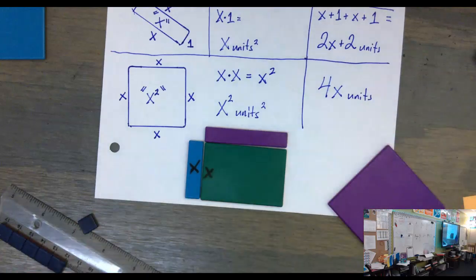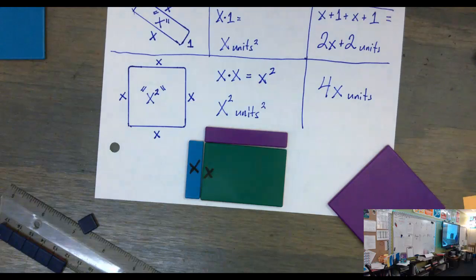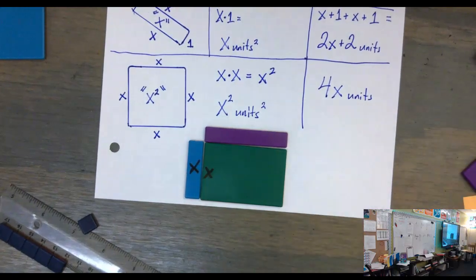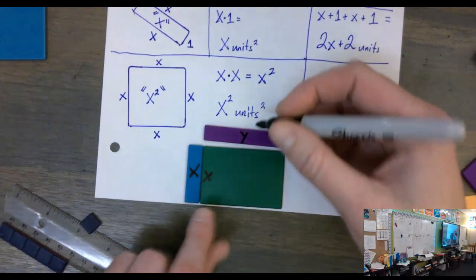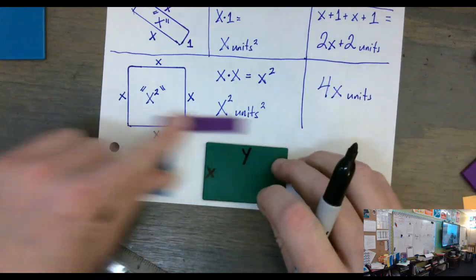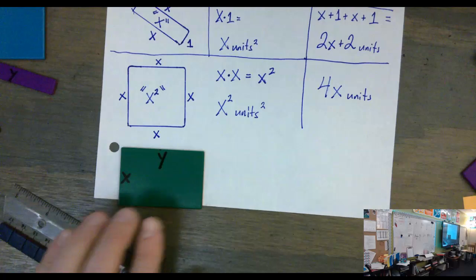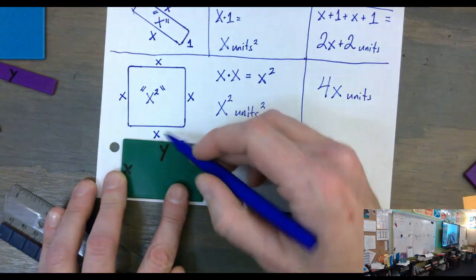What did we just say we could call the purple? Y. So if this green tile is X by Y, you don't have to put this on your paper, but I'm going to, just because I feel like this is a good little note.